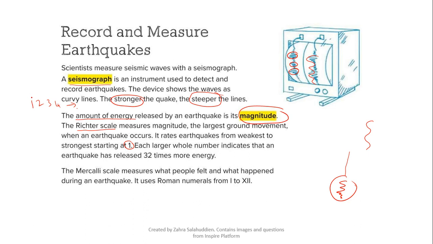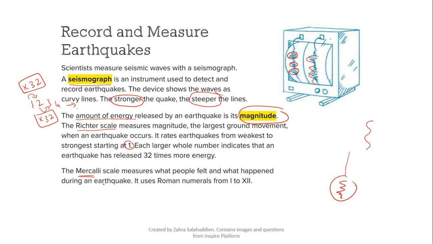Okay, the difference with the Richter scale compared to the Mercalli scale, the Richter tells me how much energy comes out. The energy from number 1 to number 2 is not just 1, it is 32 times more energy. So between the number 1 and 2, or 2 and 3, or 3 and 4, each one, it jumps 32 times more energy.